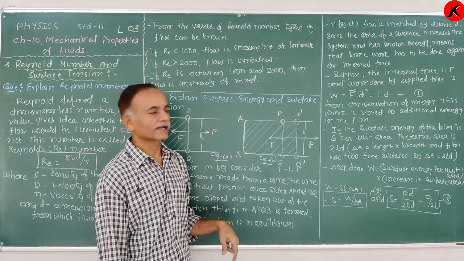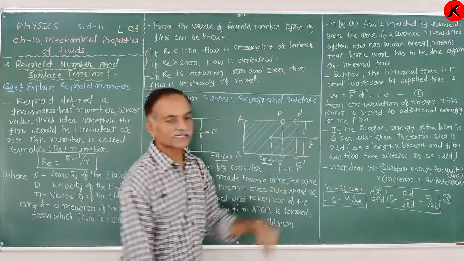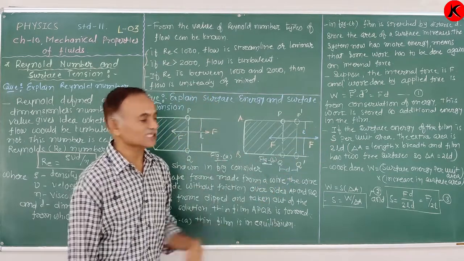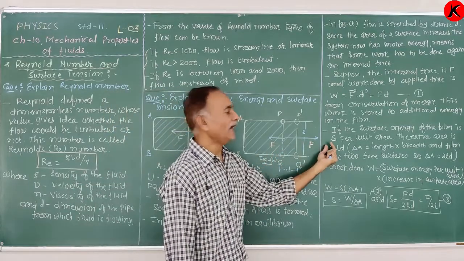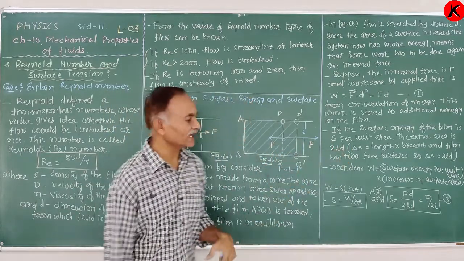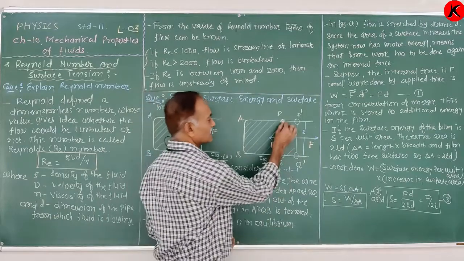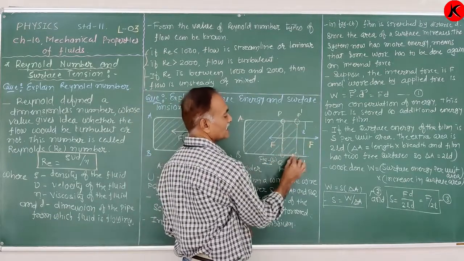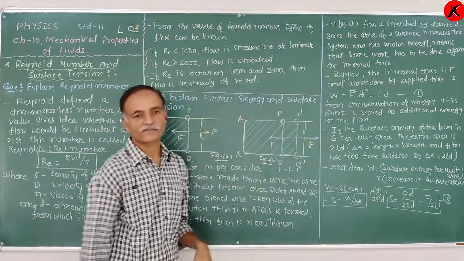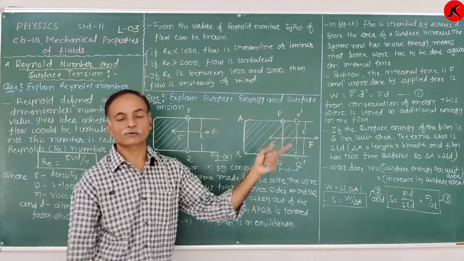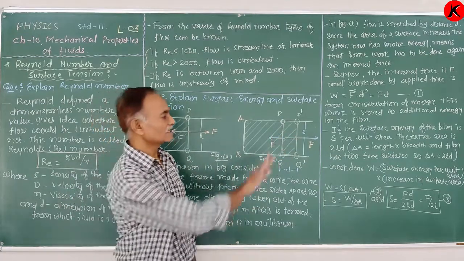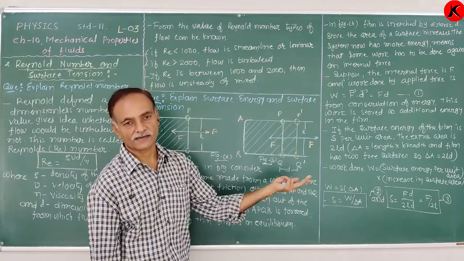Clear? Okay. If the surface energy of the film is S per unit area, and the increase in area has length L and displacement d, therefore L into d. But this film has two free surfaces, one front and the second the back side.